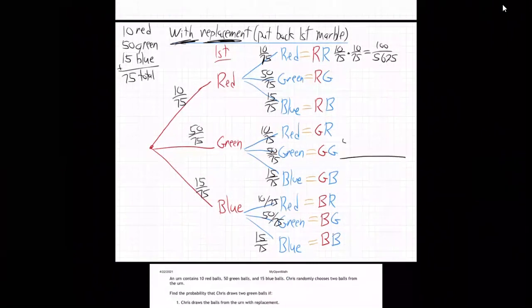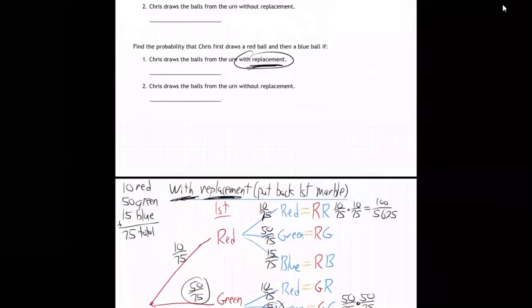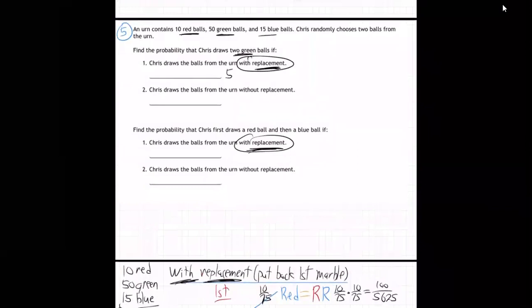So 2 green would be 50 over 75 times 50 over 75. Hit the buttons on your calculator, and a decimal is fine. When I multiply that all together and get a decimal, here's what I get: 0.4 repeating forever.